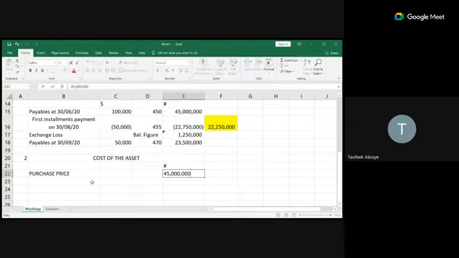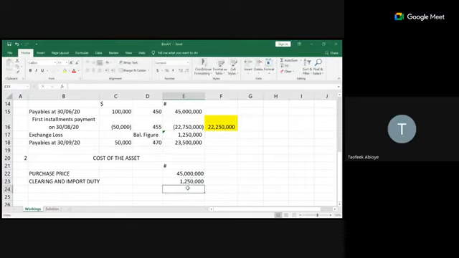Then clearing cost. Remember that clearing cost will be capitalized, right? Clearing and import duty. How much is import duty? They give us 1,250,000, right?